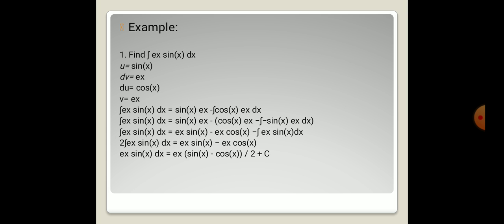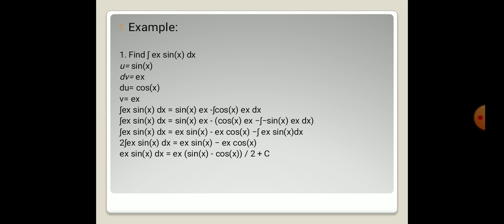So let's try it. Focusing just on the integral of cos x e^x dx part of the equation, choose another u and dv. The derivative of cos x is negative sine x and the antiderivative of e^x is still e^x.